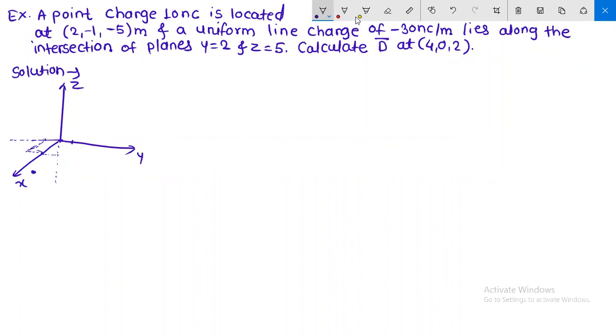Okay, so I consider this point as point A having coordinates 2, -1 and -5.